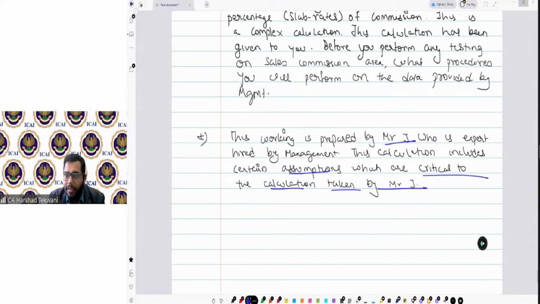Anything, guys? Any other thing? What assumptions have been taken? Authenticity of the agent. Very good. Very good, Tanisha, Shruti, Geo.